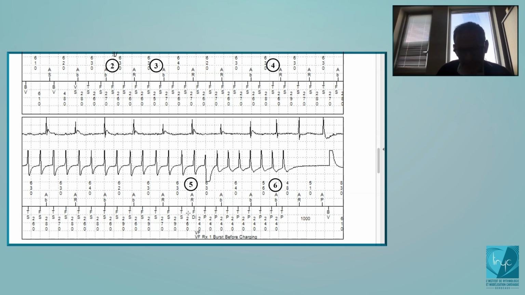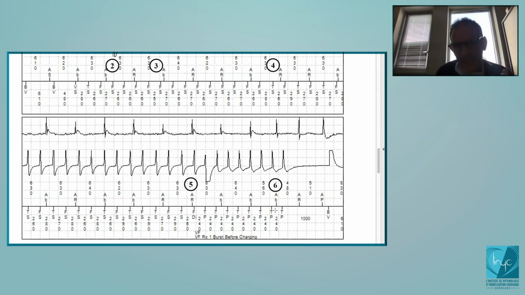And if in these last 8 cycles before the detection there is at least one cycle, like here or here, which is labeled FS, then the diagnosis will be ventricular fibrillation. And then you will treat the episode like an episode of ventricular fibrillation. Is this clear for everyone?